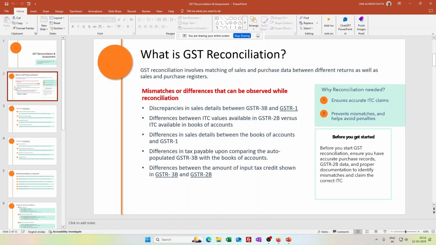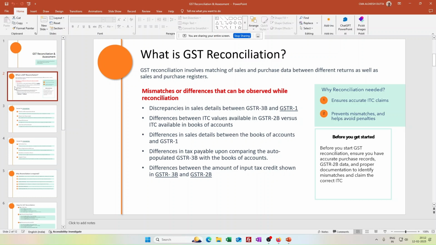Now another difference that comes is between the ITC value available in GSTR 2B and the ITC available in your books of accounts. It's very common. Why does the difference come?